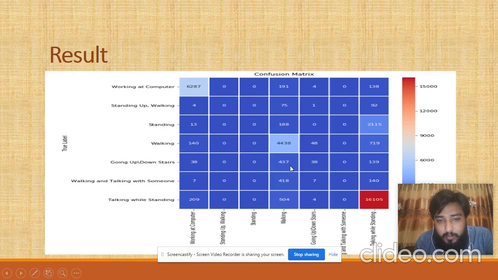Another reason was the spread of data, as you've seen in my pair plots as well as box plots, that the x, y, and z axes for activities like standing, standing and walking, walking upstairs, or walking and talking with someone have almost very close XYZ dimensions.